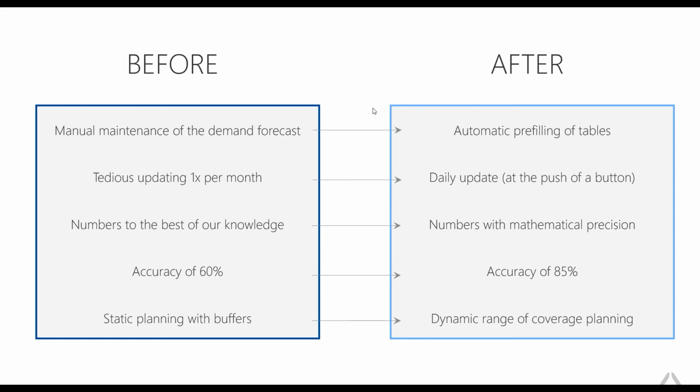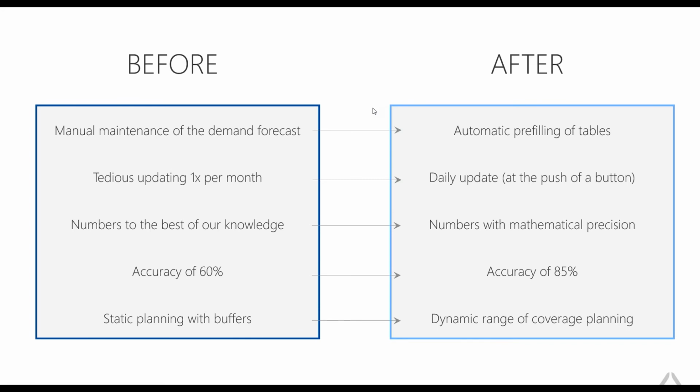So this is very tedious. It's very annoying to do this by hand every month or every year. Some customers only have such a plan just for 1 year. Moreover, these numbers are typically to the best of your knowledge, with respect to gut feeling, with respect to experience, and so on.